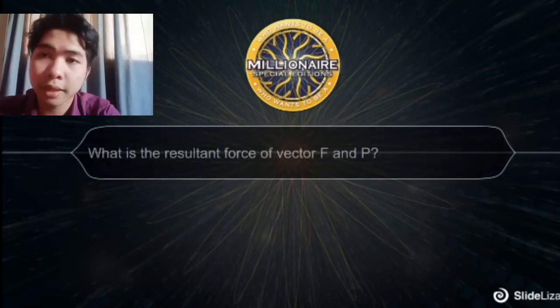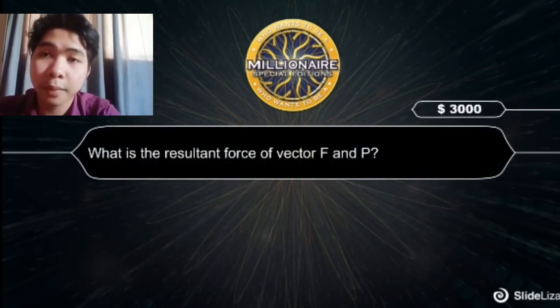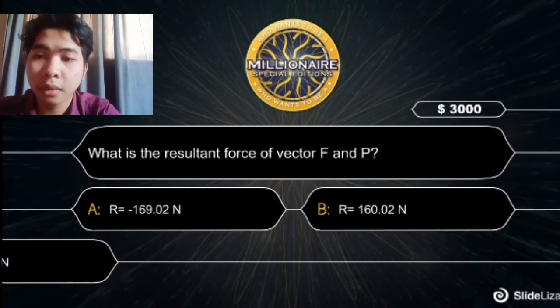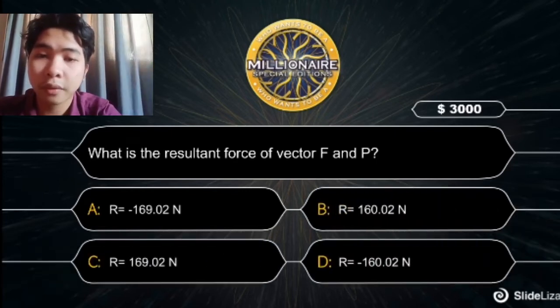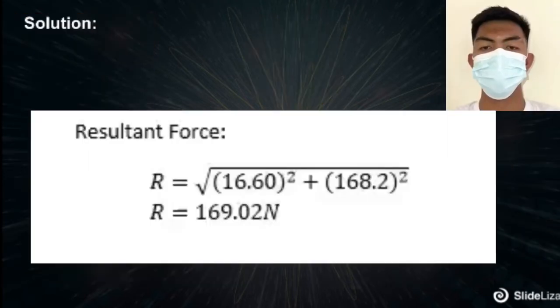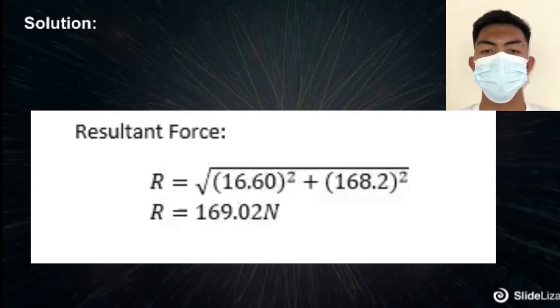For our next question, worth 2,000 pesos, what is the resultant force of vectors F and P? To get the resultant force of F and P, we will use the answers in the summation of x and y. Using a scientific calculator, press square root, then inside the square root, put the summation of force horizontal, which is 16.60 N, then square it.